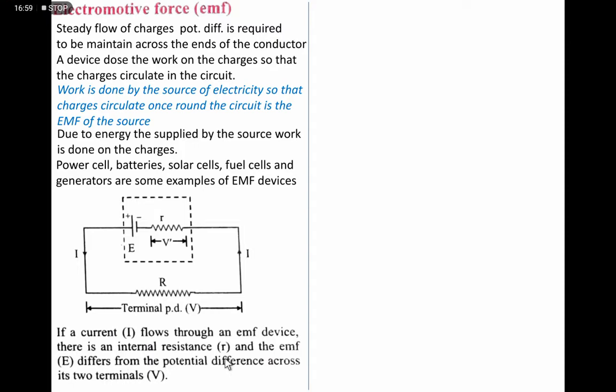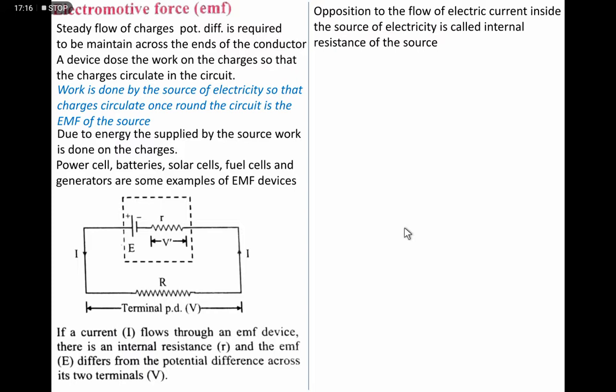Potential difference across the conductor is V. Here r is the internal resistance of the source. Opposition to the flow of current inside the source of electricity is the internal resistance of the source.